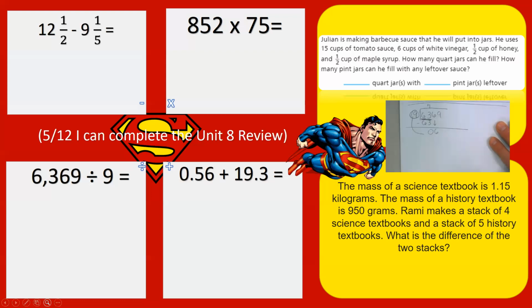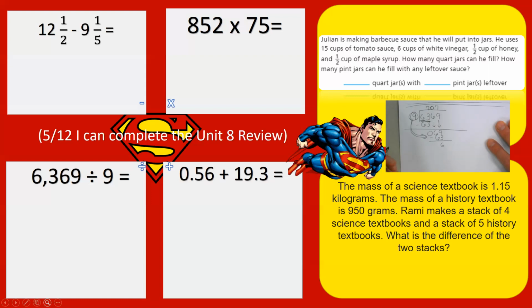Bring down the 6. How many 9s can you pull out of 6? None. You can't pull any 9s out of 6. And some people really forget that 0. Now you can bring down the next number. What about 9 goes into 69? How many times? Well, 9 times 7 is 63. So I'm going to put a 7. That's 63. What's left over? 6.